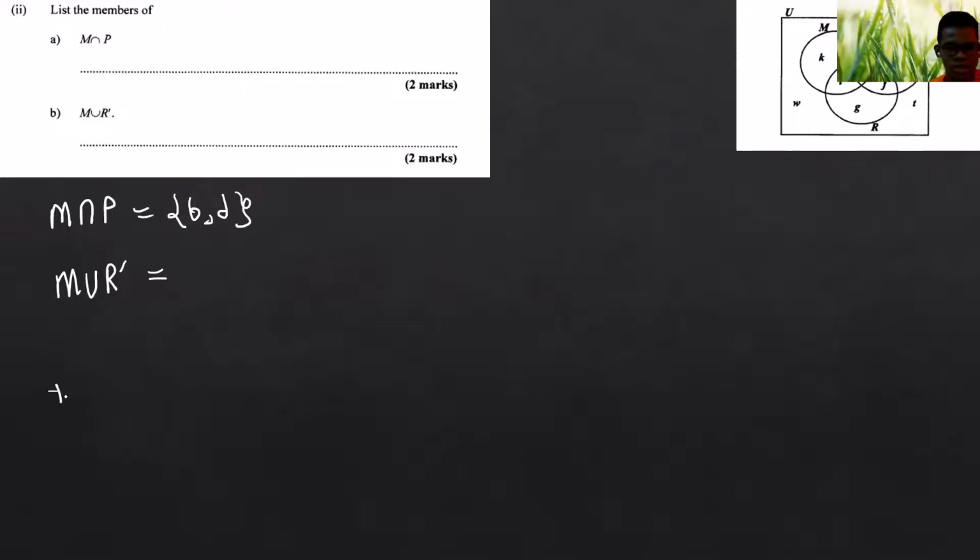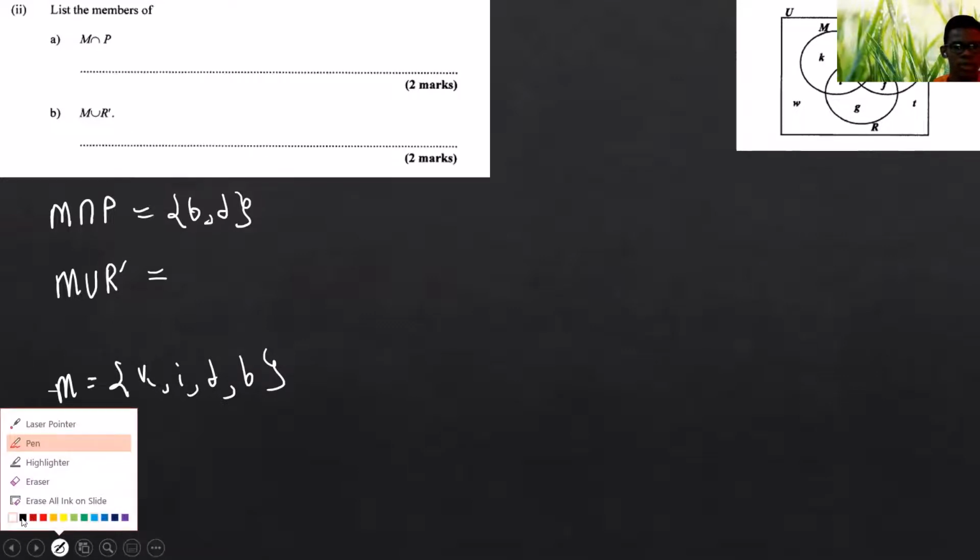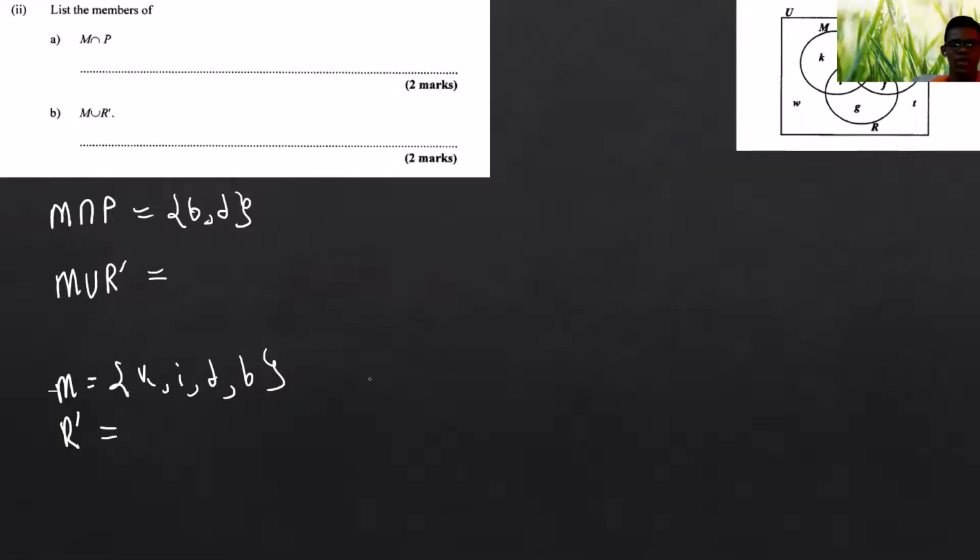You can actually just sit down and list all the elements in M, and the elements that are in R complement. Now, the elements that are in R complement would be all the elements that are not in R, right? Remember what our complement means. So everything that's not in R, so everything outside the circle.